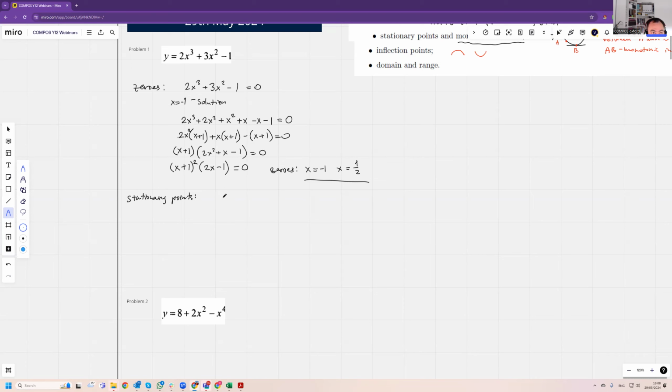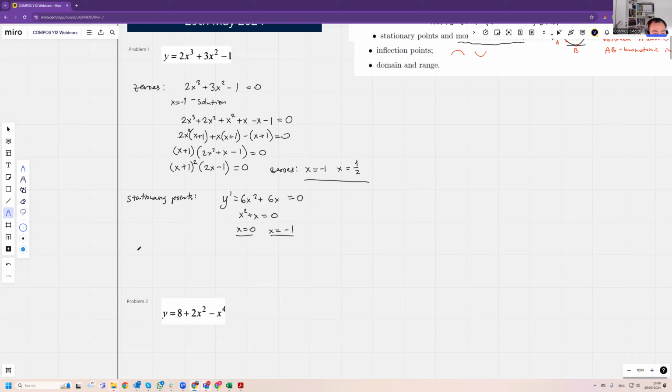I find the derivative. So y prime is 6x squared plus 6x equals 0. So x squared plus x equals 0, x equals 0, x equals -1. So these are the stationary points.